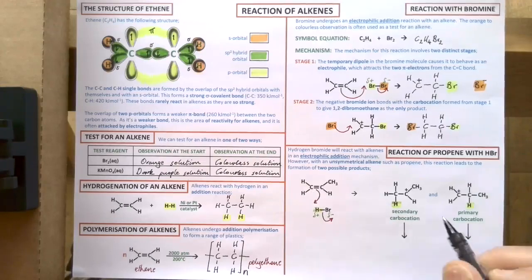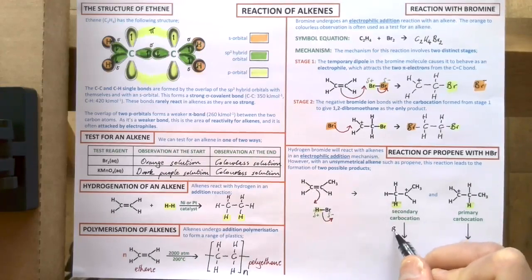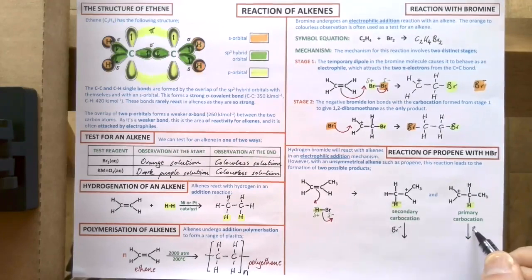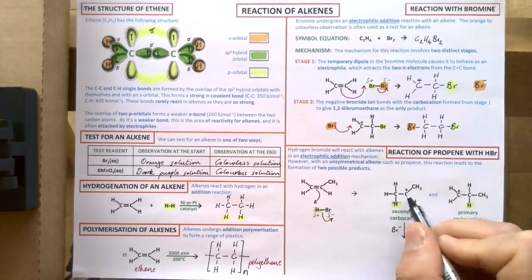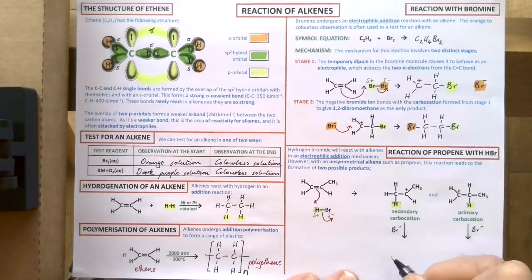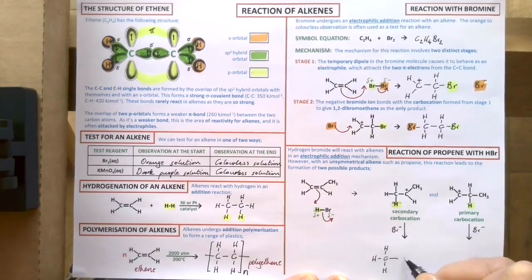Either way, the bromide, the Br minus that's formed, is going to join on to the carbocation, and we're going to get our product. So our product in this first one sees the bromine go on the right hand side of the double bond.